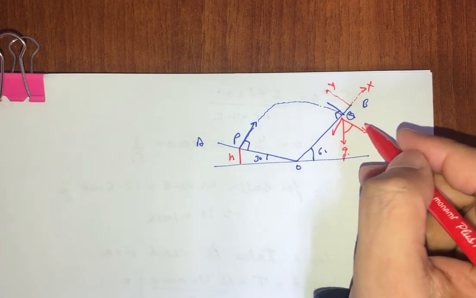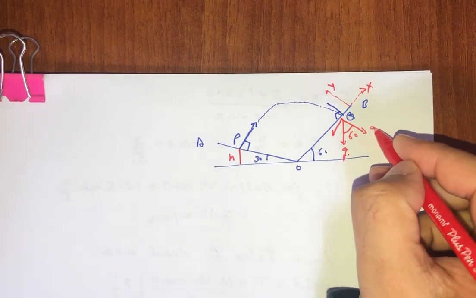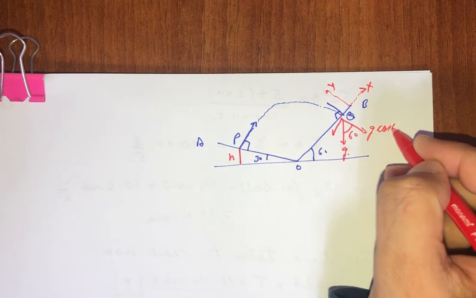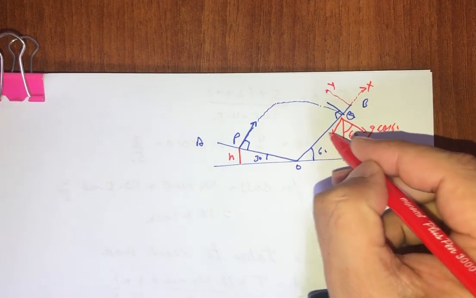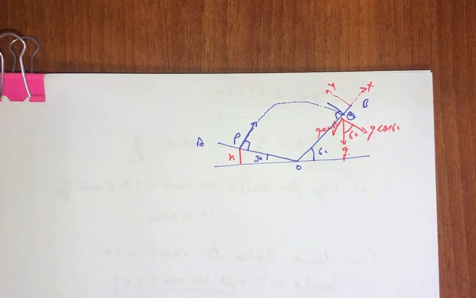This angle will be our 60, so we can call this g cos 60, and we can call this g sin 60. These are the basic things which we require. It is also given that g is taken as 10 meters per second square.